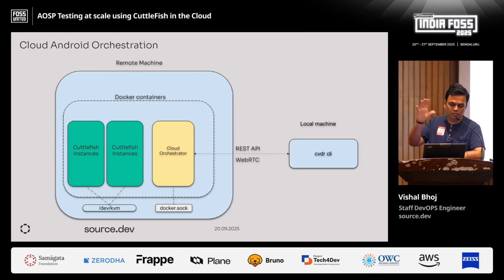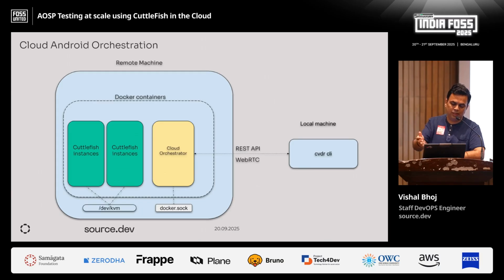But in this particular architecture, I'm just talking about one remote server. You can assume it being a large server with a 128 or 200 core machine. Inside that machine, you will have a cloud orchestrator. All these are run as Docker containers. The cloud orchestrator itself is the one which you'll run on that remote machine, and it will wait for API connections from remote machines.